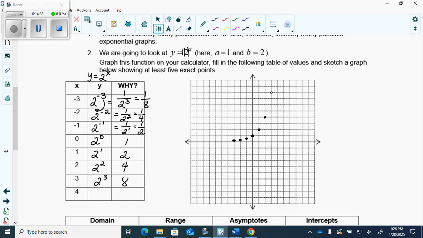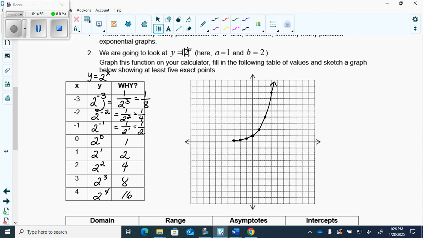And then we'd have 2 to the 4, which is 16. So what's going to happen is these are going to connect, and we're going to go this way, right? So we're growing exponentially because as we go from left to right, it's getting taller faster, correct?